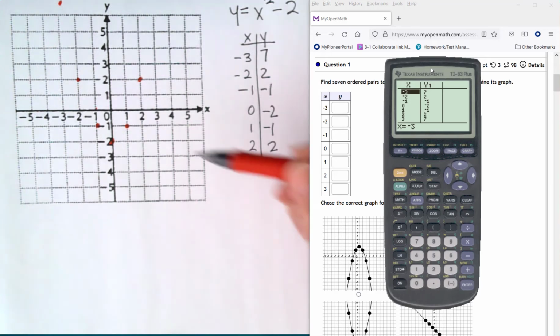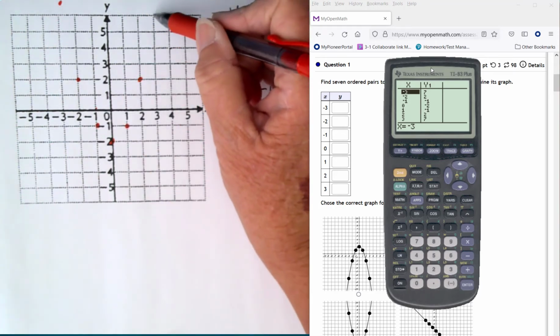And 3, 7. 3, there's 6, so we got one more.